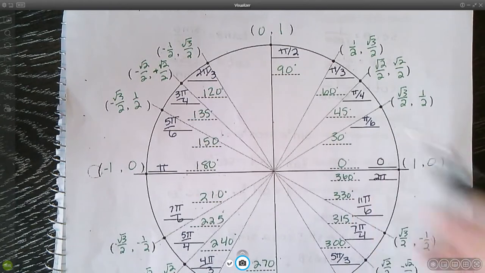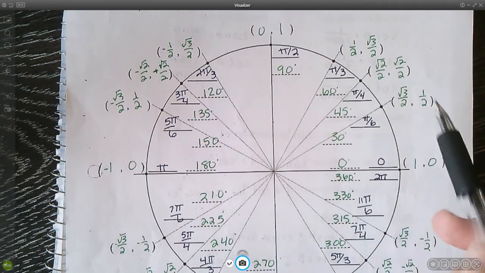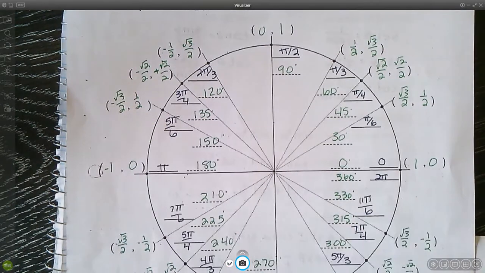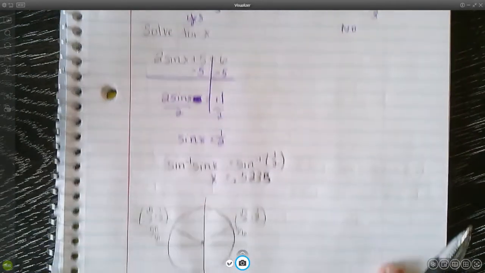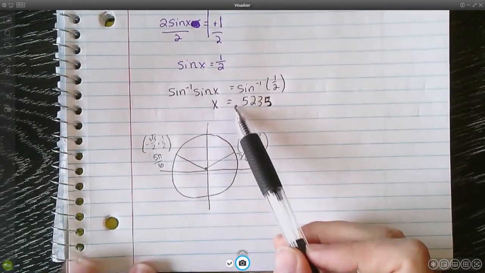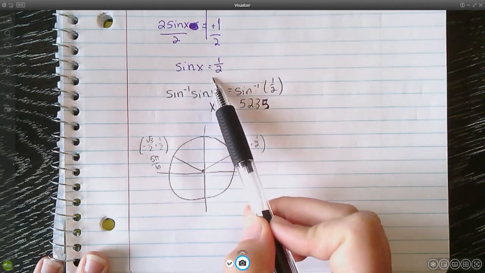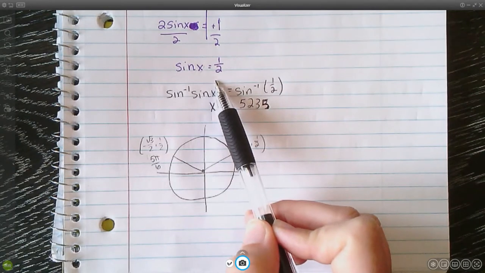But now, if you keep looking, there's another spot over here where your y value is 1/2. So your calculator is only going to give you one answer. You have to come up with both of them. So if you ever come up with a sine of x equals something that's on your unit circle, like square root of 3 over 2, or 1/2, or square root of 2 over 2, you have to go to your unit circle and find the exact value.